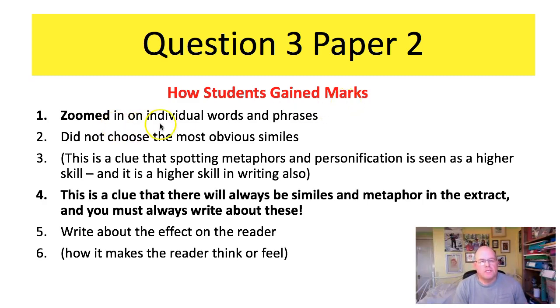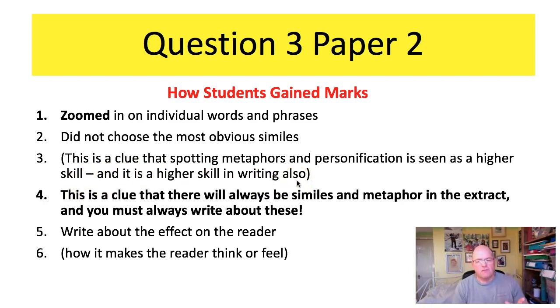Well, they zoomed in on individual words and phrases, and you will have seen that in all my videos. Don't quote paragraphs or long sentences. Zoom in on individual words or groups of words and phrases. They didn't choose the obvious similes, as you've seen. This is a clue that spotting metaphors and personification is seen as a higher skill, and also it's a higher skill in writing.